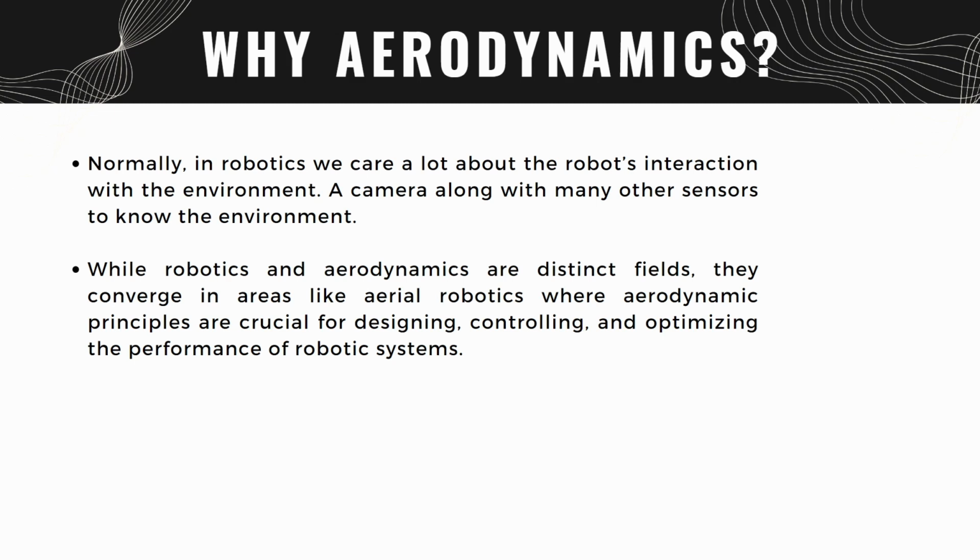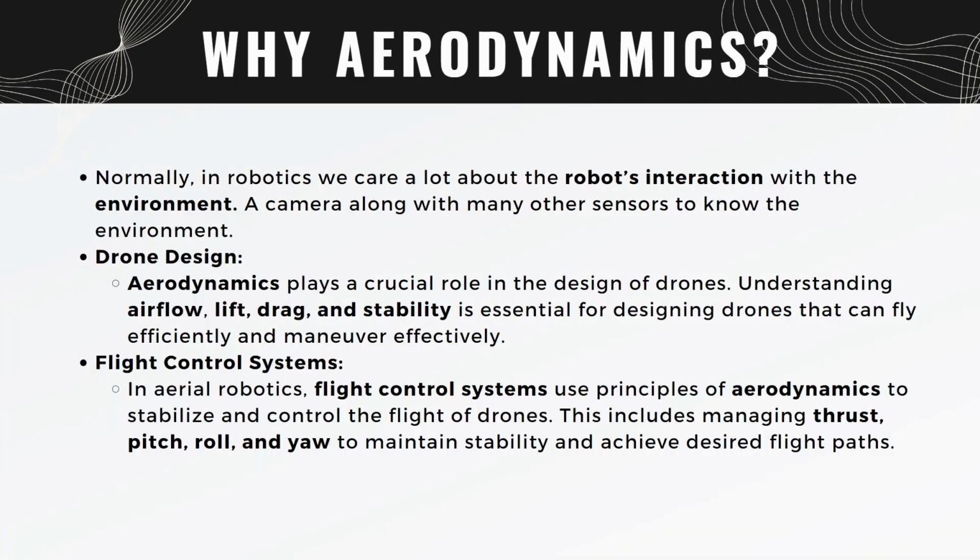We need to understand all of these things, and we need to understand how to design our robot for such an environment, as we care about the environment normally in the robots that stand in their position, or that move on the surface. So robotics and aerodynamics are seemingly two distinct fields, but they converge in areas like aerial robotics, where aerodynamic principles are crucial for designing, controlling, that is an important thing, we'll discuss this later, and optimizing the performance of robotic systems.